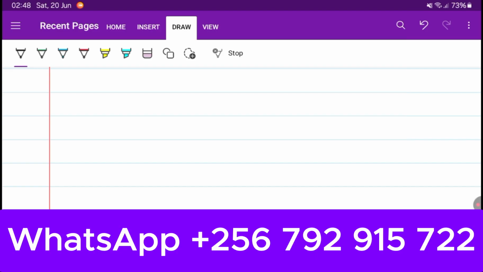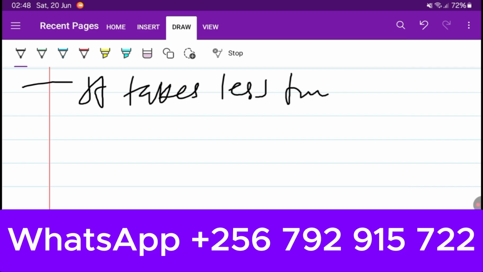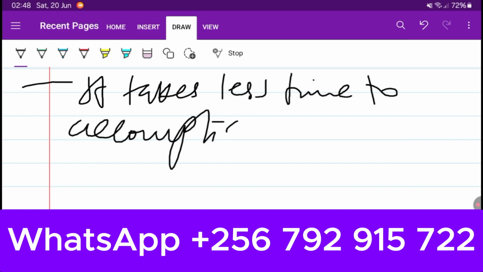One of them is the fact that it takes less time to accomplish. I'm just going to highlight them. Of course, this is specifically for the multi-stage, because once you keep on grouping, you end up saving time.